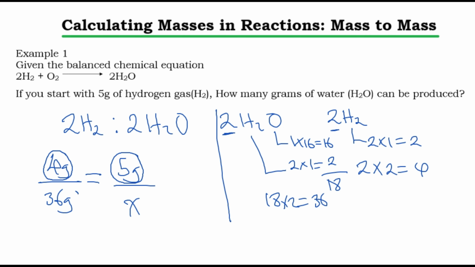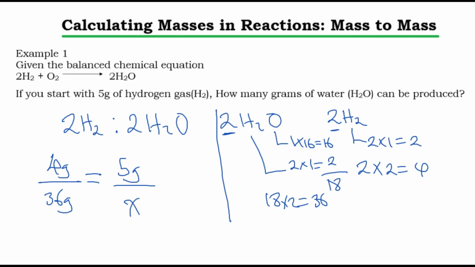If I write 36 grams as a denominator here on the left side, so this 36 grams belongs to water, it simply means that the mass that I'll write as a denominator on the right side should also belong to water. So in this way, we'll ensure that the masses are in the same relative positions.